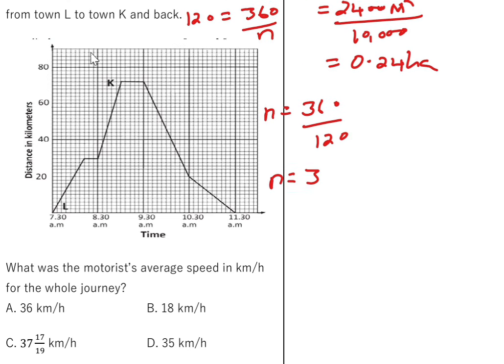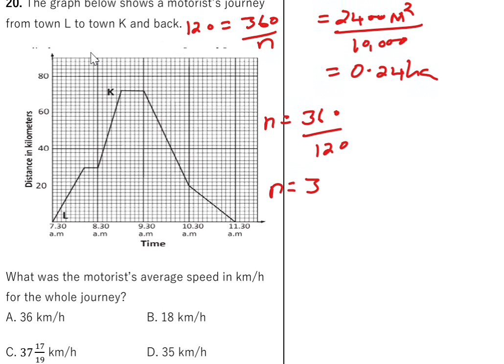So we continue with the number 20. Number 20, here we have a graph below that shows a motorist journey from town L to town K and back. What was the motorist average speed in kilometers per hour for the whole journey? So I was able to study this graph. It's not that accurate, but I'm going to guide you on how to do this. So to get the average speed, you get the total distance covered. So you're going to add the distance the motorist was traveling. So for example, from here to here, you read this distance.